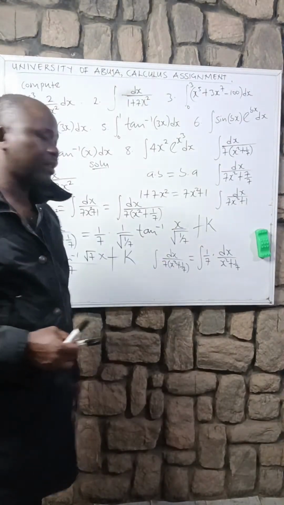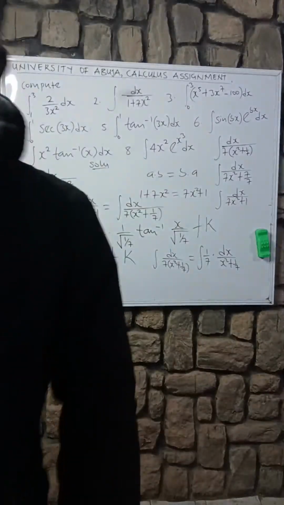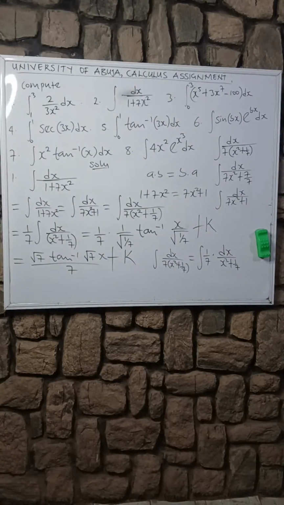Trig identities. Is that clear? Do you understand?